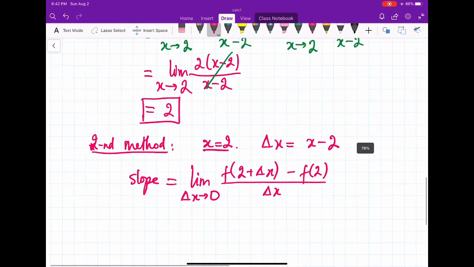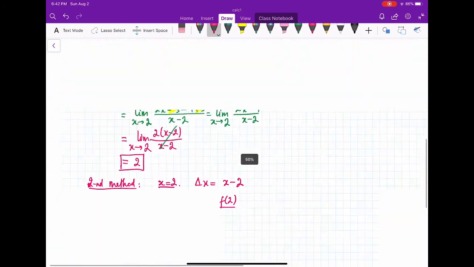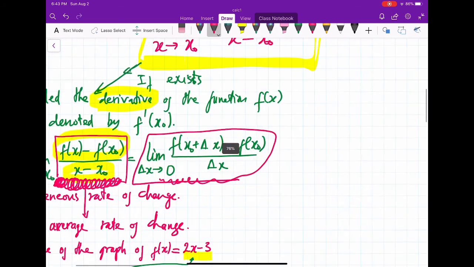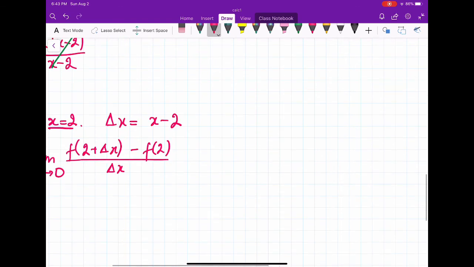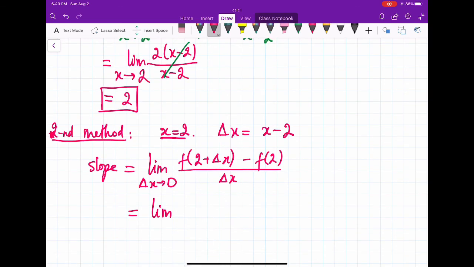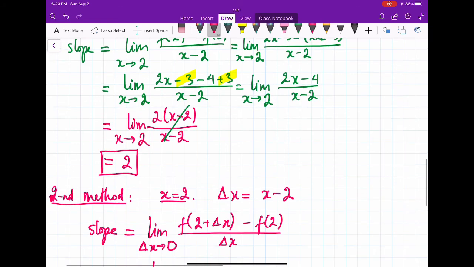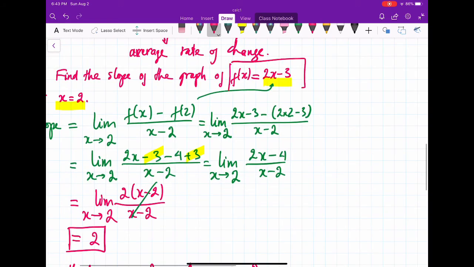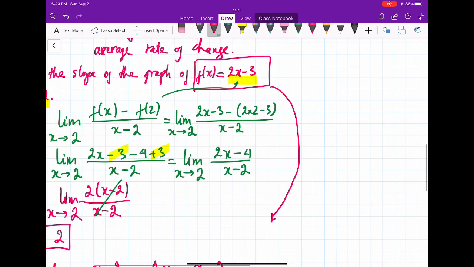If you compare this formula with this one, in this case x0 is equal to 2. I just plug 2 into the formula. In order to find f at 2 plus delta x, this is our f of x. f of 2 plus delta x is equal to 2 times 2 plus delta x minus 3.